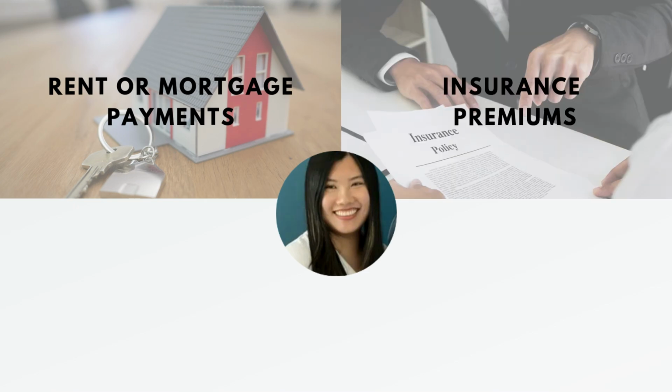The second example we have is insurance premiums. A business needs various types of insurance to protect itself from risks such as property damage, liability, and business interruption. They pay premiums for these policies usually on a monthly, quarterly, or annual basis, depending on your insurance.